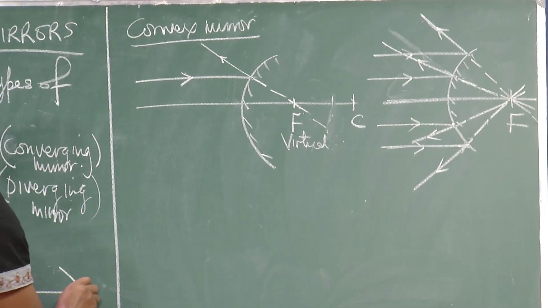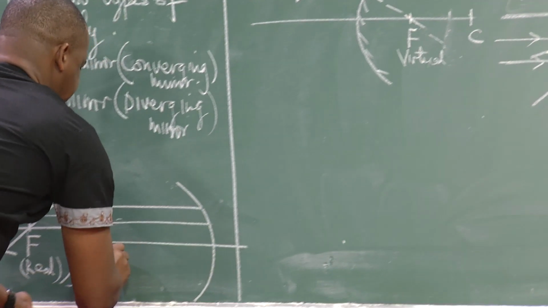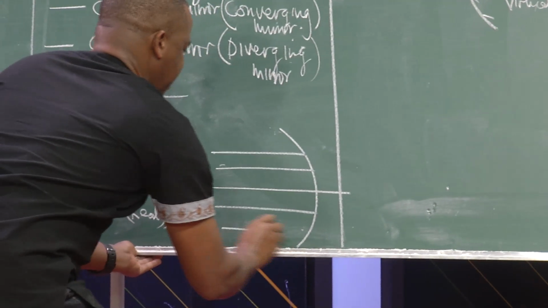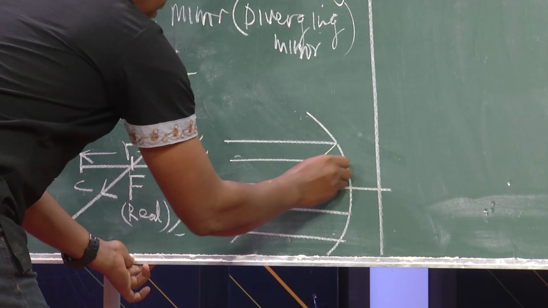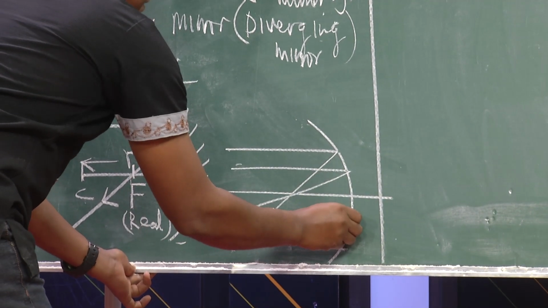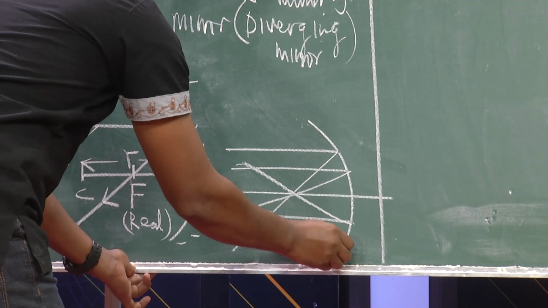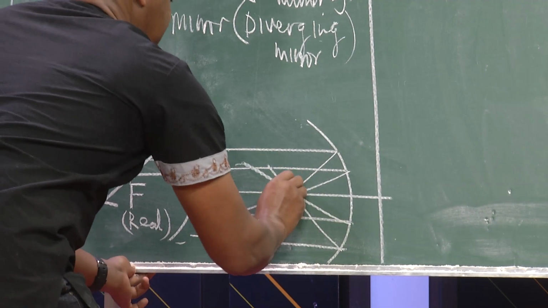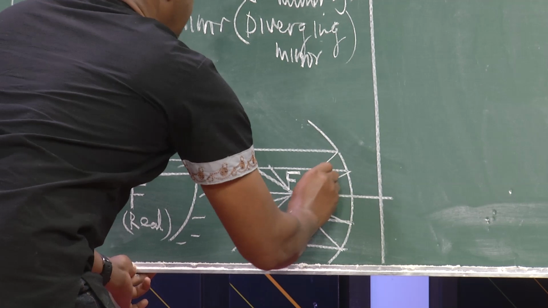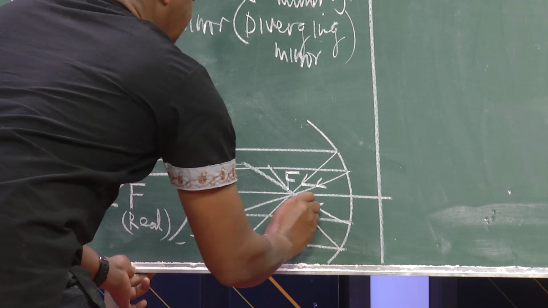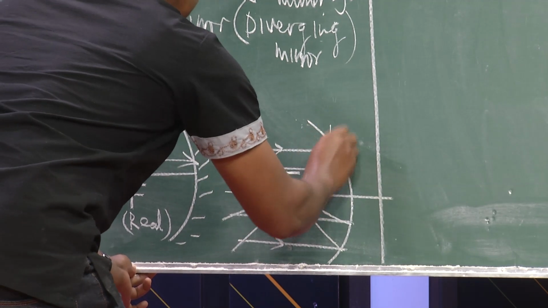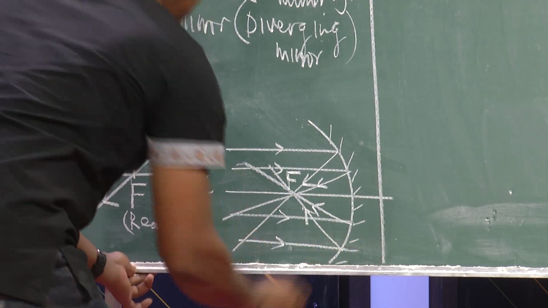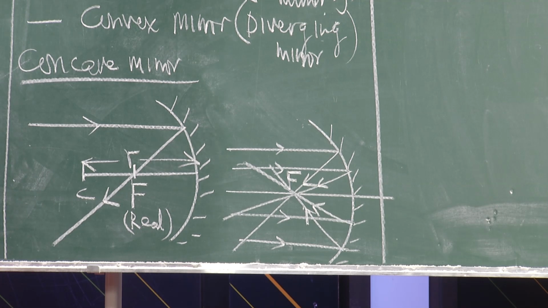For multiple incident rays, one would expect that these rays are refracted to pass through a common point that we are calling the principal focus. One would expect this to happen.